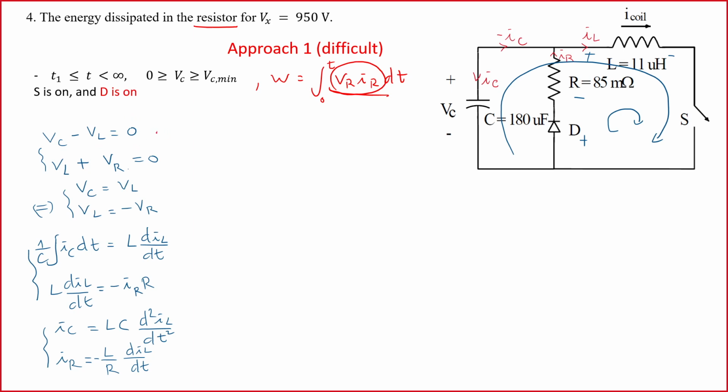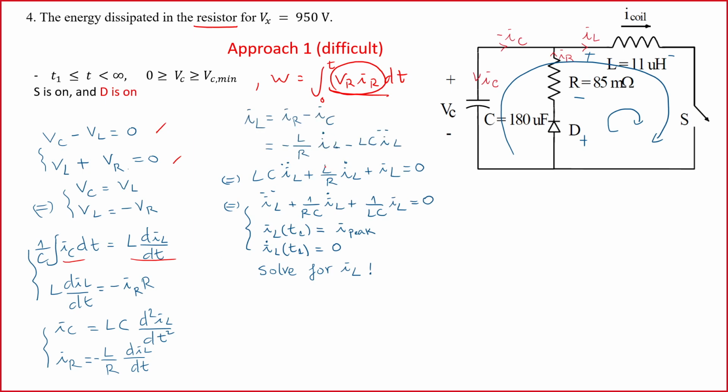You start from here, VC as a source, and here branch VL and VR. And you use the relationship between current and voltage for the capacitor, and then current and voltage for the inductor. So finally you can derive a second order differential equation like this.